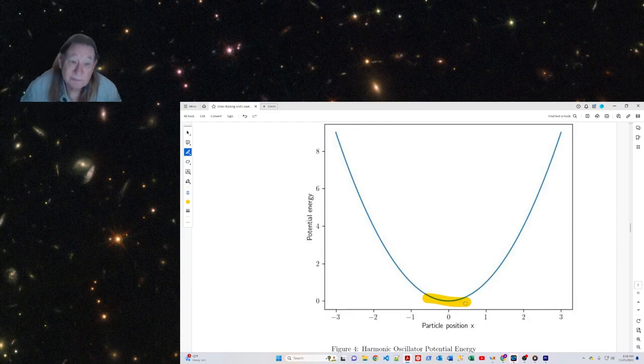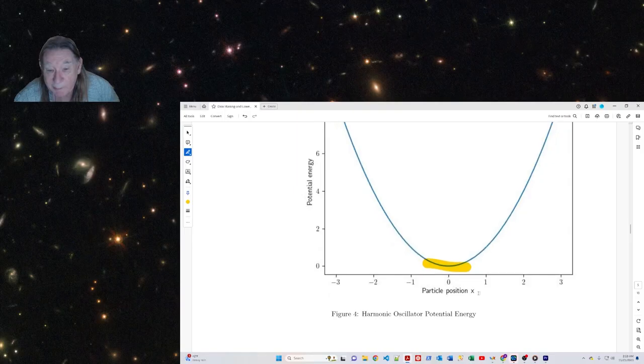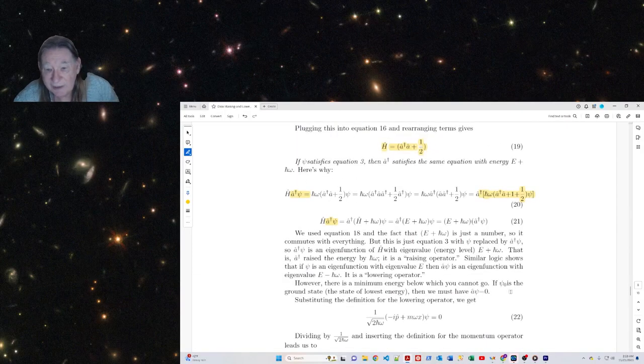And what this means is that you can't keep lowering the energy and making it more and more negative. There has to be a stopping point. There has to be a minimum energy. And so what that says is there's got to be some wave function that if we apply the lowering operator on it, it just kills the state. It gives us back 0.